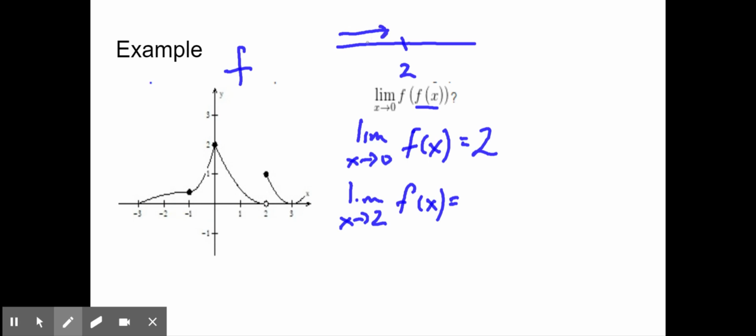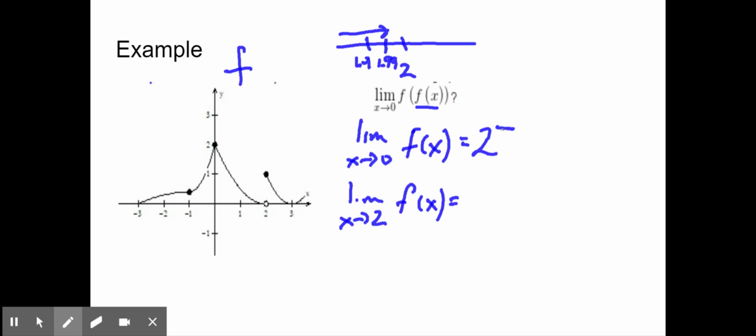Because on a number line, I'm approaching 2 by looking at numbers like 1.9, 1.99, 1.999 from both the left and from the right. Those are the numbers I went through to get to 2. So I'm actually finding the limit as x goes to 0 of f of x, the inner function, it is 2, but it's approaching 2 from the left.